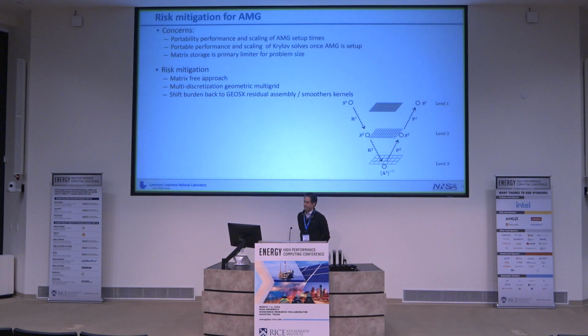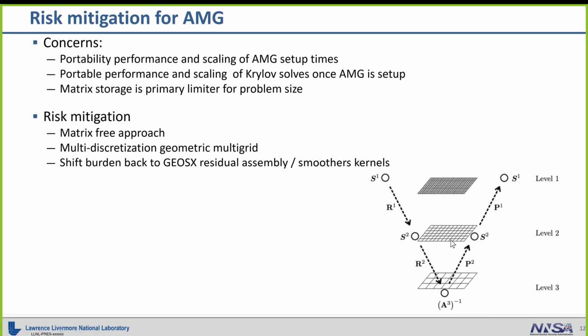As a side project, we're doing a risk mitigation experiment on a matrix-free approach, which is how all the high-order finite element codes work these days in the ECP. So this is a typical AMG V cycle. You would start up here, then have some algebraic coarsening and a smoother here, and algebraic coarsening and a smoother here.